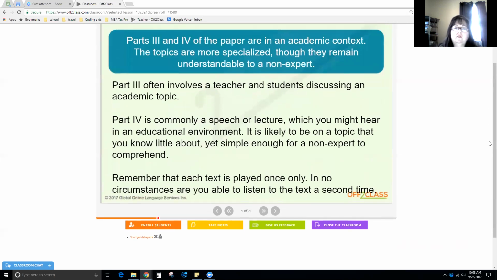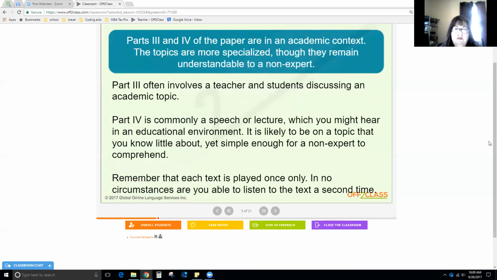Parts 3 and 4 of the paper are in academic context. The topics are more specialized, though they remain understandable to a non-expert. So this is consistent through both exams. It's not really academic testing of your ability to handle academic work like it would be in the reading and writing section.